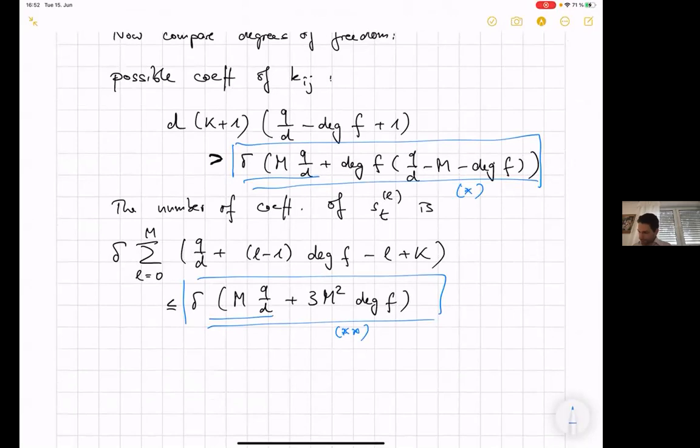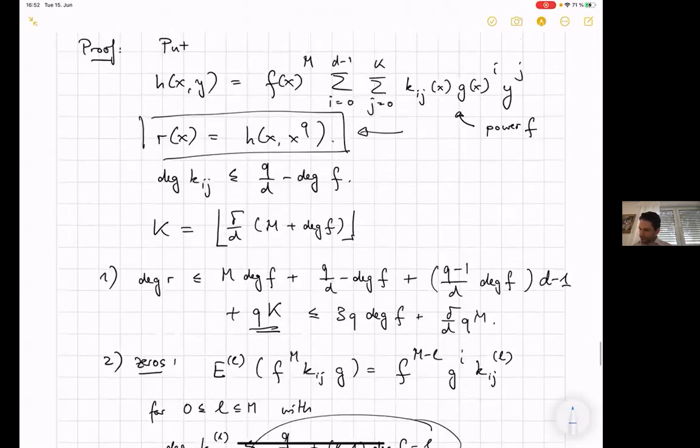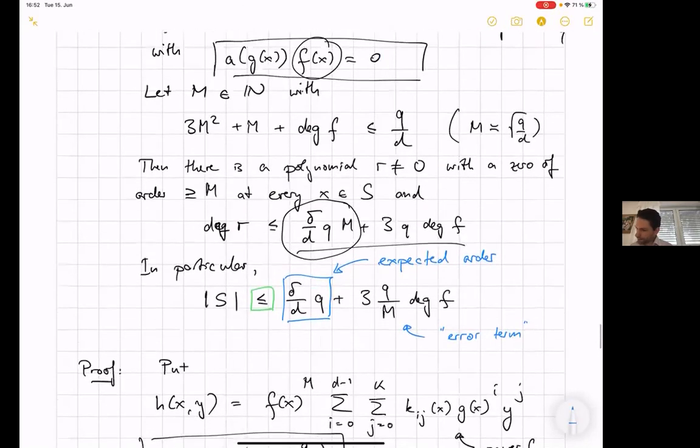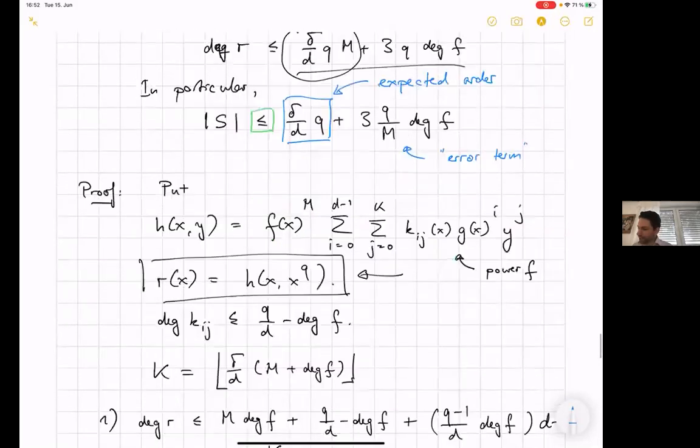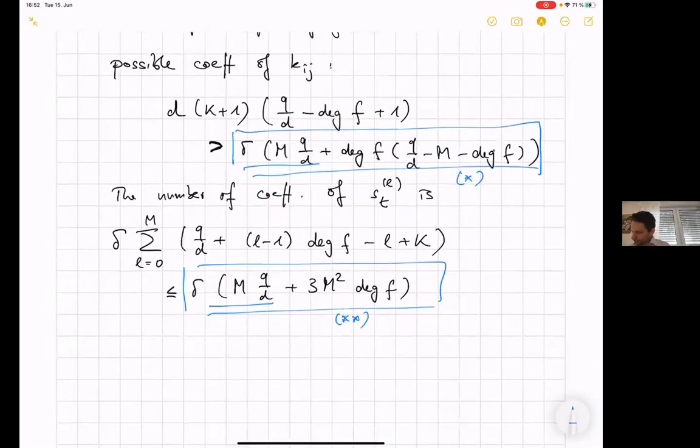And if you look at this, this is precisely our condition here. This is precisely the condition that makes sure that 1 star majorizes 2 star. And you see, if you compare this, this basically means that M squared is at most as big as Q over D, if you ignore lower order terms.